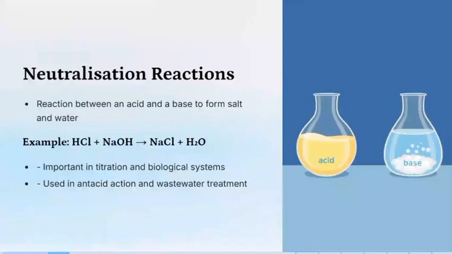When the hydrogen, H, pairs up with the hydroxide ion, OH, you have HOH, and that is H2O. That's why it always gives us water. The other things that remain then bond together to form the salts that we know. So that is why all neutralization reactions always give you salt and water.